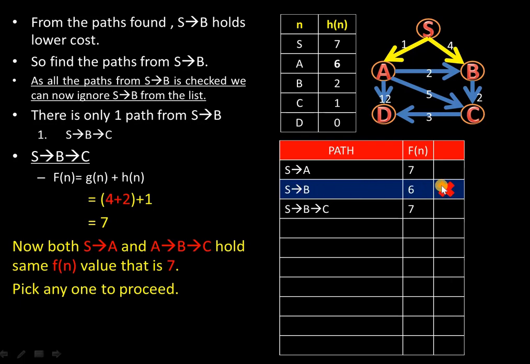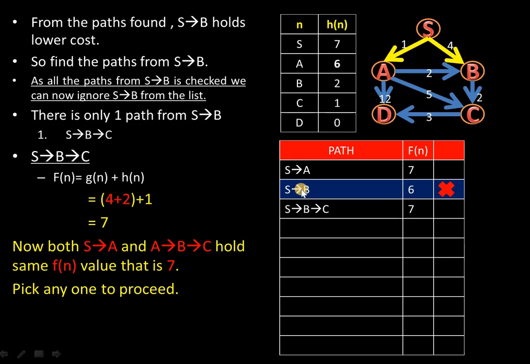When we select a path, we have to take it from the array to another location. So I am showing it by using a cross and I have marked the color as blue. So I have removed this particular entry from the table. So now I have s to a and s to b to c with me. Okay, where have I got s to b to c?